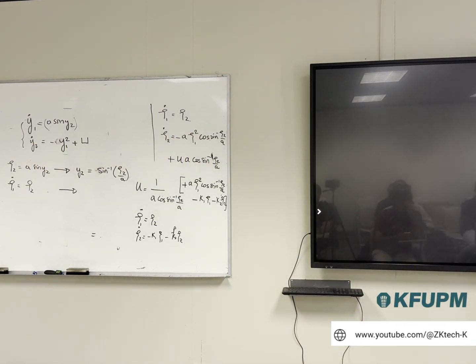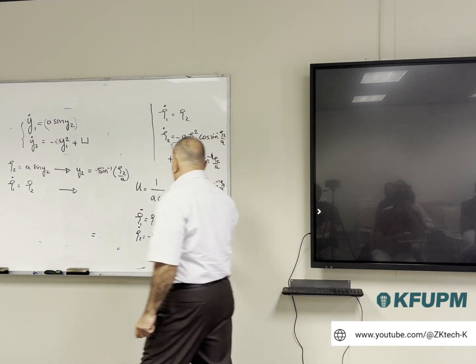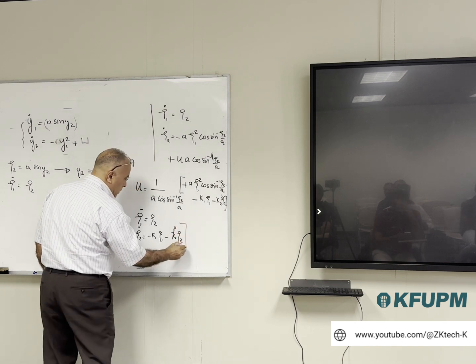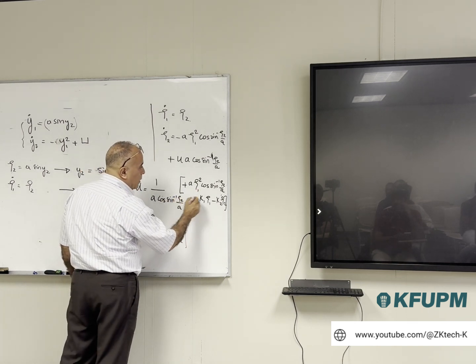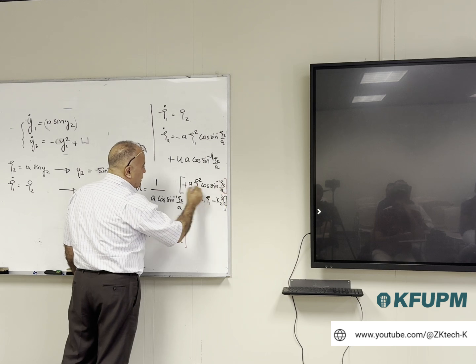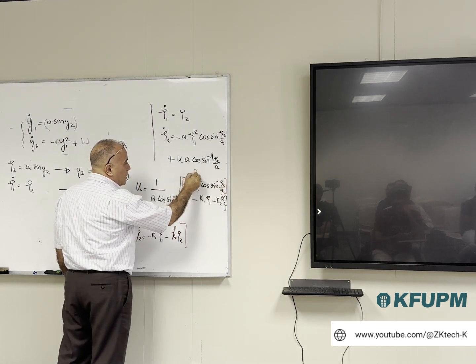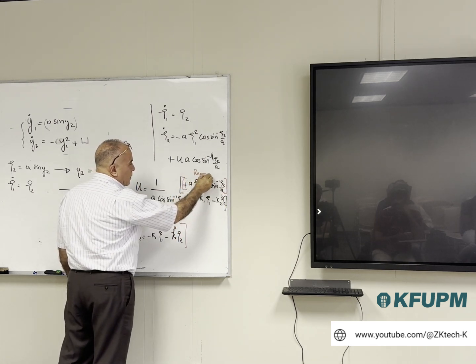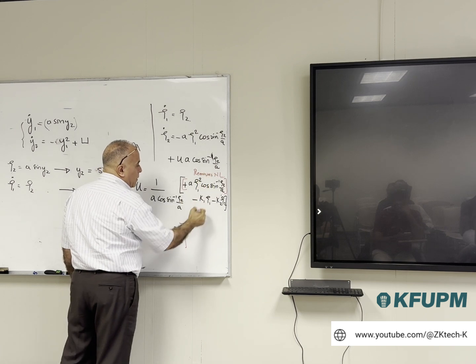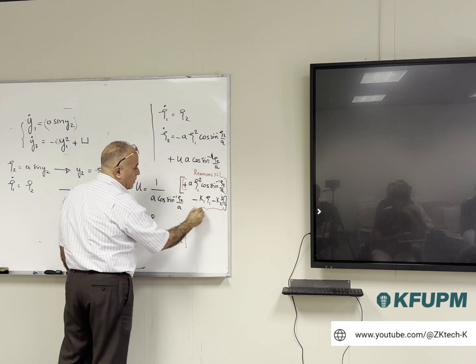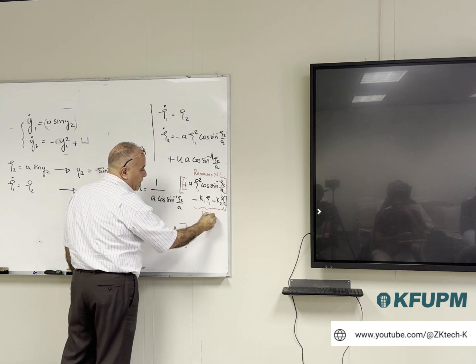The second part will give you the control that you need. So this is the controller. This part removes the nonlinearity, and this one is the linear controller, the usual state feedback controller.